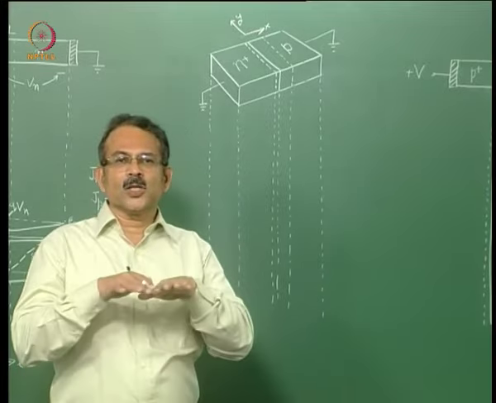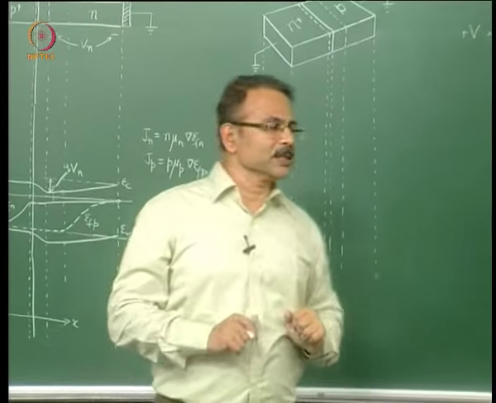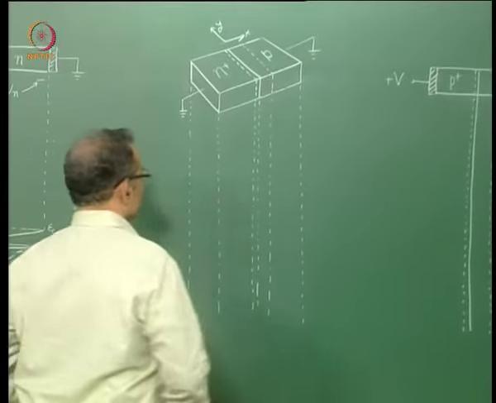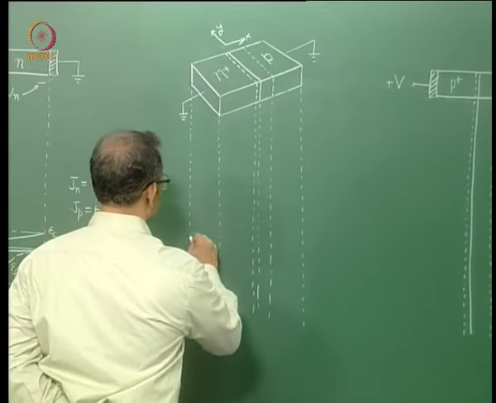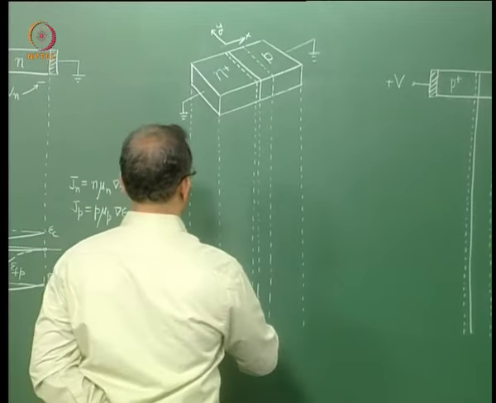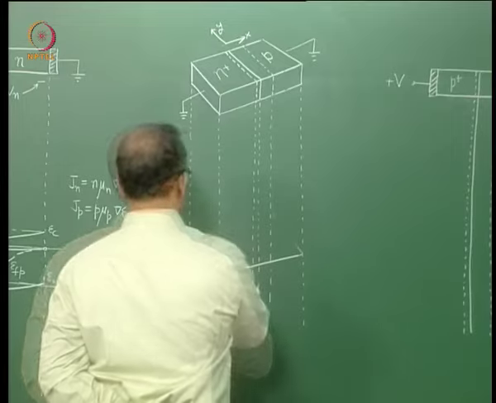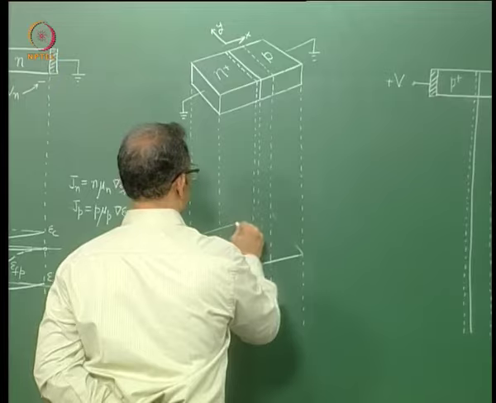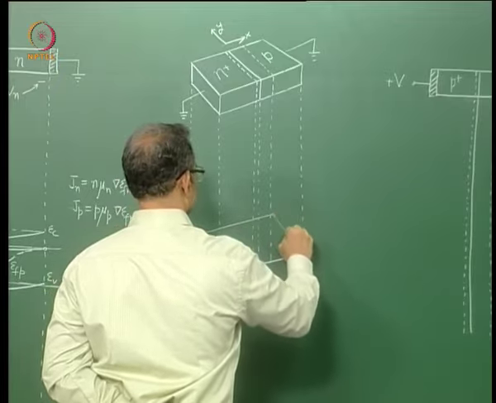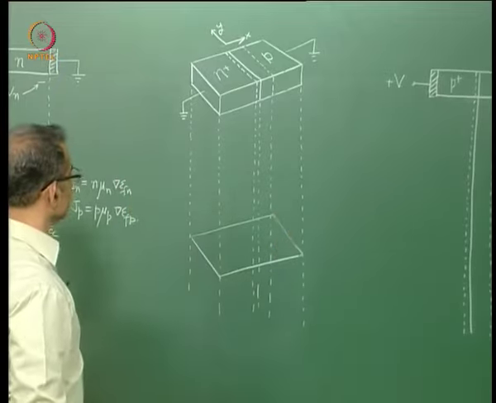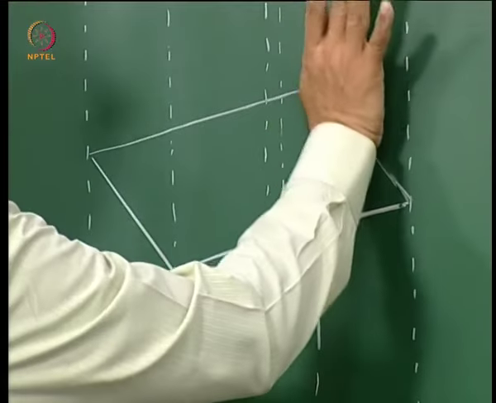So we draw a horizontal Fermi surface under equilibrium conditions, equivalent to the horizontal Fermi level of the 1-dimensional case. So let us say this is our Fermi surface.